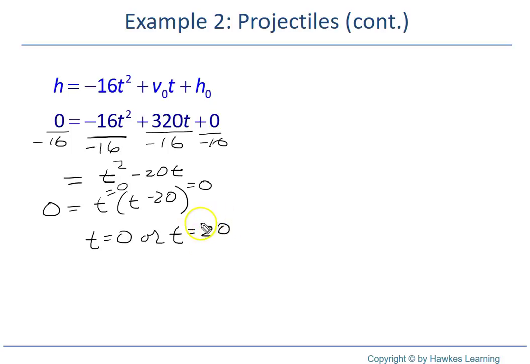Now, what does this 20 mean, or what does this 0 mean? Well, it's not going to be instantaneous, that it's going to rise up and fall, so we don't accept this as a possible answer at all. And this is our 20, that from when it's shot to when it reaches the ground, it's going to take 20 seconds.